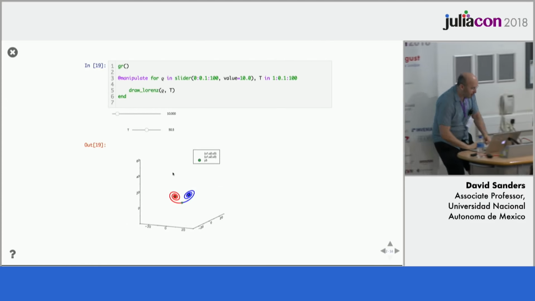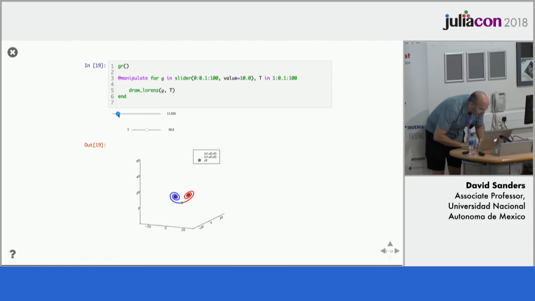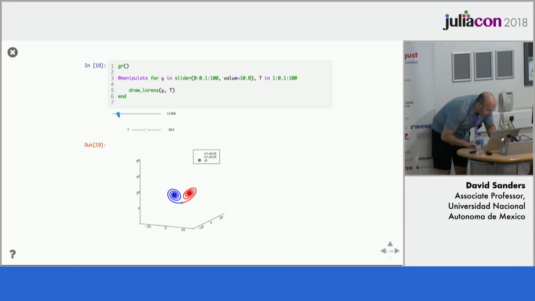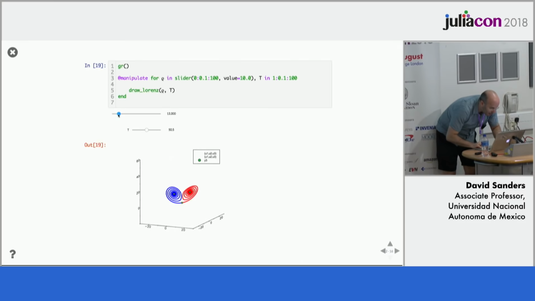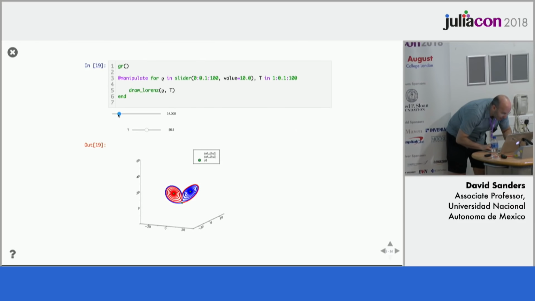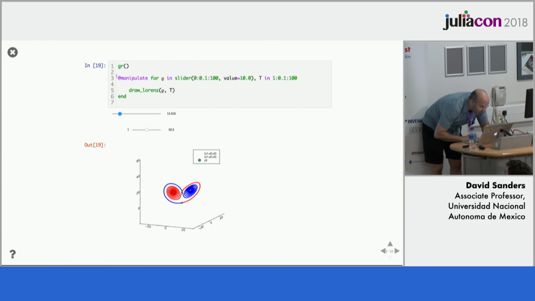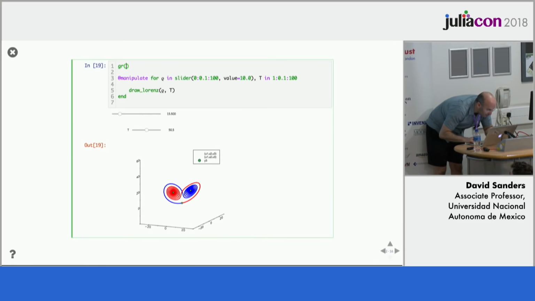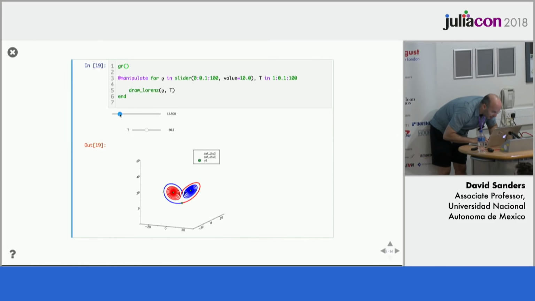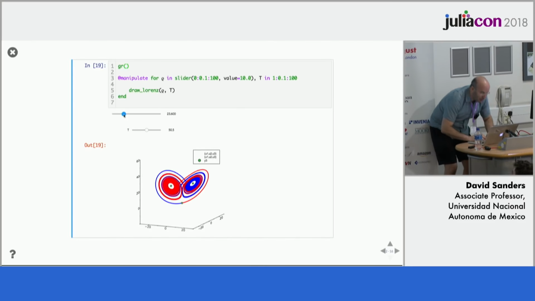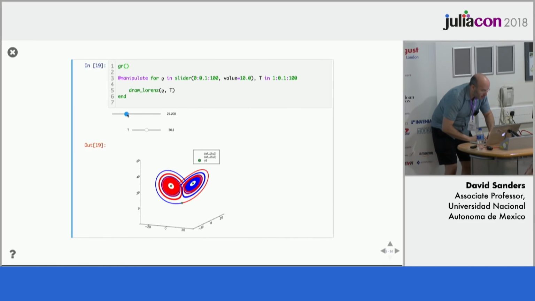And then I can move this parameter value, and we see that there's this global bifurcation just here. So I could do this with Plotly.js. Maybe I should do that. Well, I'll just carry on and then I'll do it. So I can carry on, and then at some point there's global bifurcation to chaos.